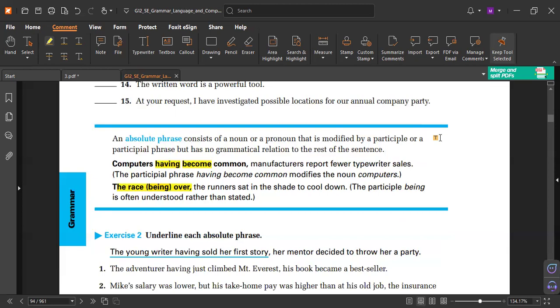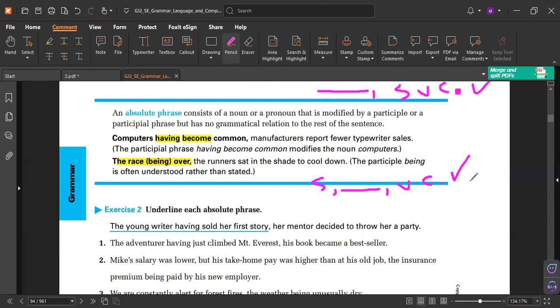Any phrase, not absolute phrase only, can be at the beginning, in the middle, or at the end. At the beginning, it must be followed by a comma and then start your sentence. In the middle: subject, comma, phrase, comma, verb, full stop. At the end: subject, verb, comma, phrase, full stop.